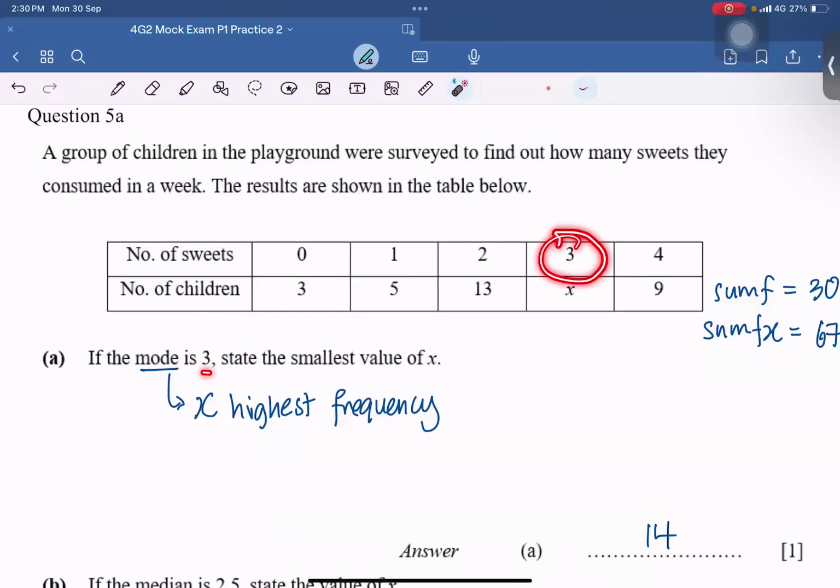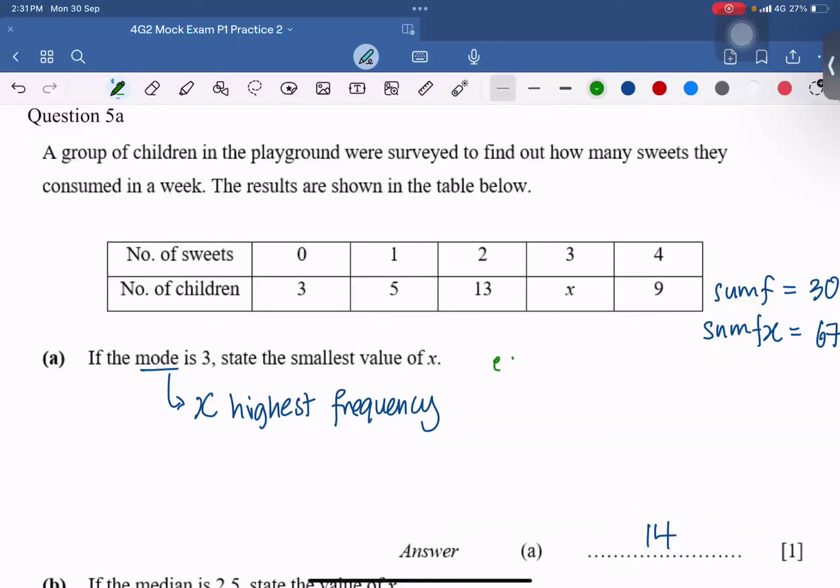If the mode is 3, that means X is the one with the highest number of votes, the highest frequency. My current highest is 13, so no matter what it is, X must be 1 bigger than 13. The question can also be the other way around, where they tell you the mode is 2.